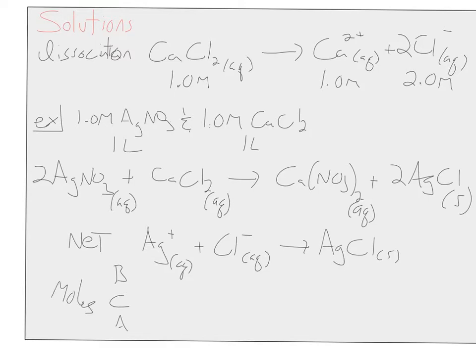Okay, so you got to keep track of the volumes and the molarities here. So 1 liter of 1 molar silver nitrate gives me 1 mole of silver. But 1 liter of 1 molar calcium chloride, there are 2 chlorines there. That's going to give me 2 moles of chlorine.